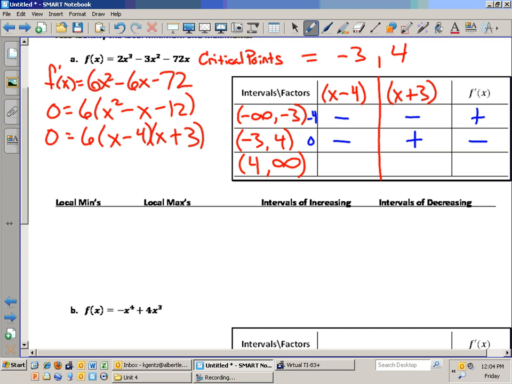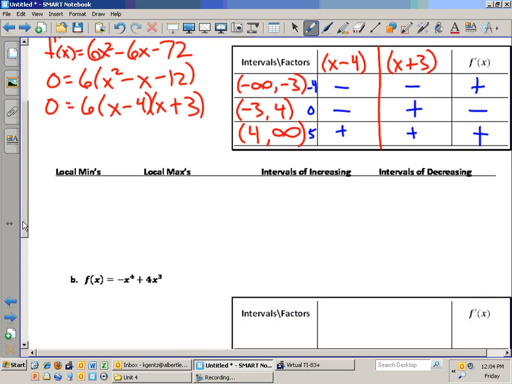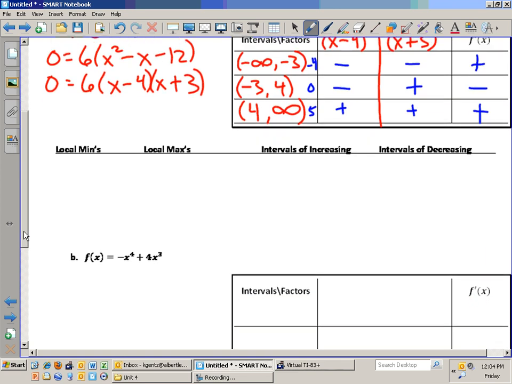Okay? And then between 4 and positive infinity, what's the number you'd like to check? We'll try 5. 5 minus 4 is positive. 5 plus 3 is 6 times a positive is positive. So we have now identified for this function the intervals on which it's increasing.